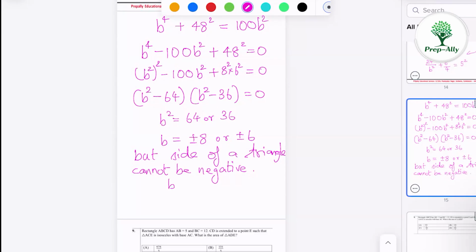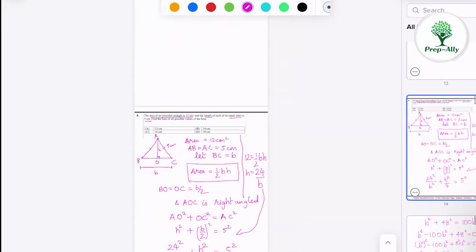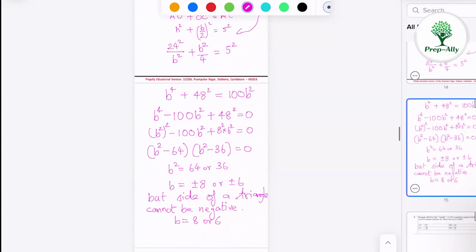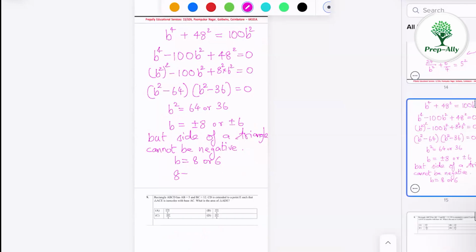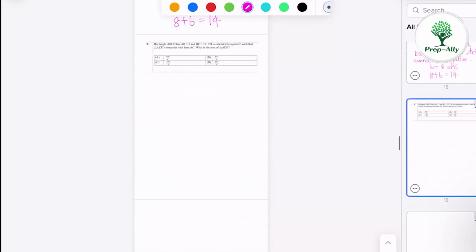So the only values that are allowed for B are 8 or 6. So what are we asked? We're asked to find the sum of all possible values of the base. So that is 8 plus 6, which is 14. So the answer to this question, question number 8, is option B, 14.